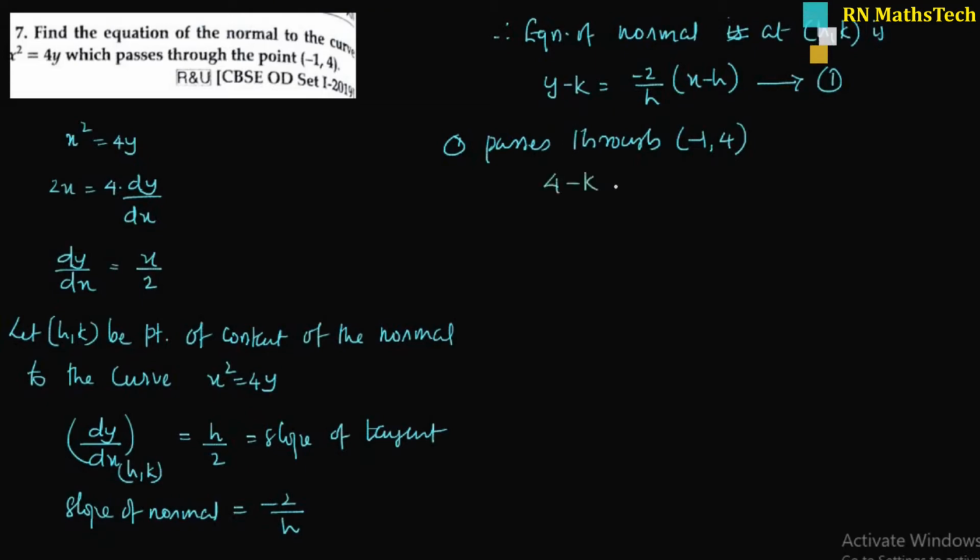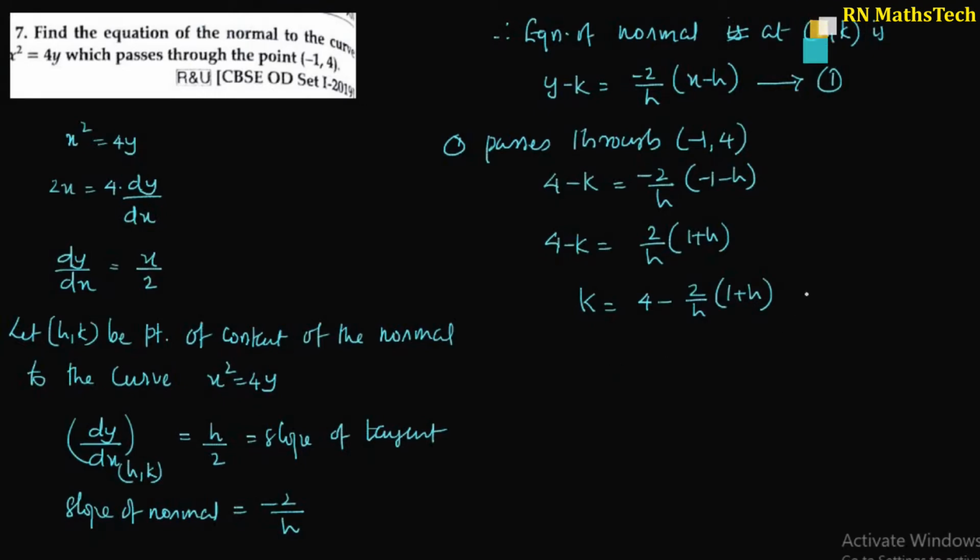4 − k = (−2/h)(−1 − h). Okay, that is 4 − k = (2/h)(1 + h). So k = 4 − (2/h)(1 + h), that is the value of k.